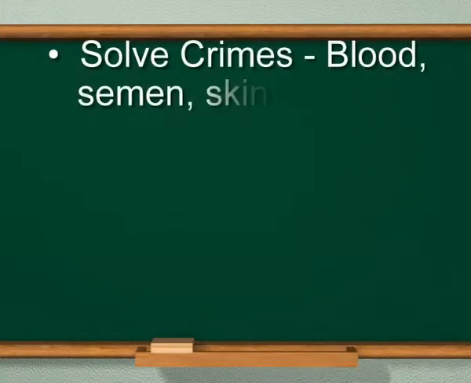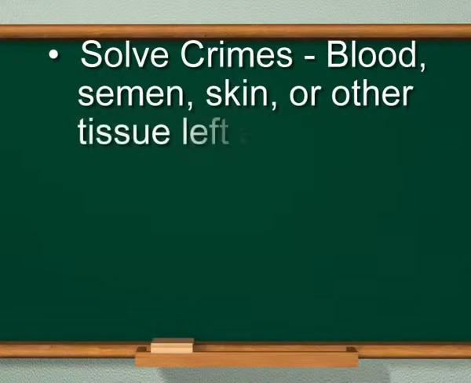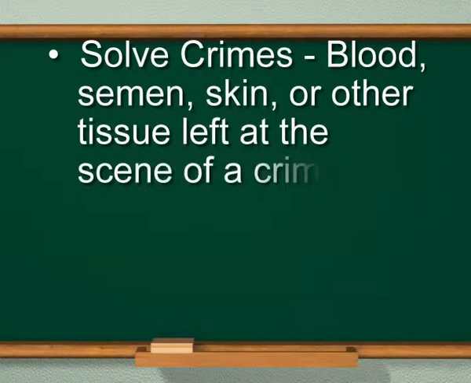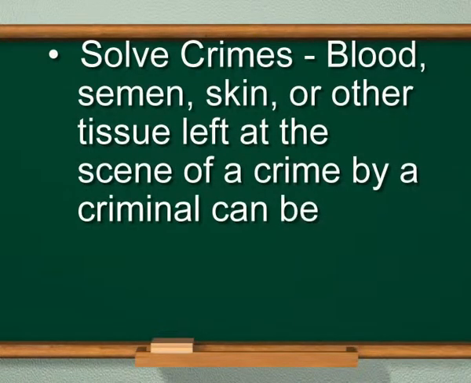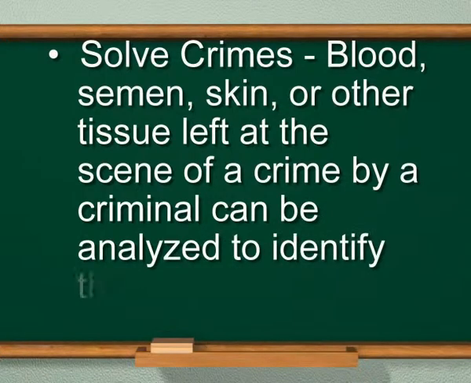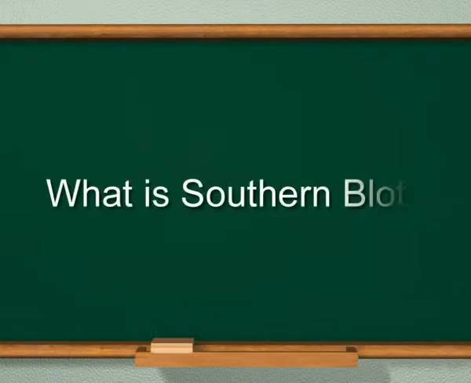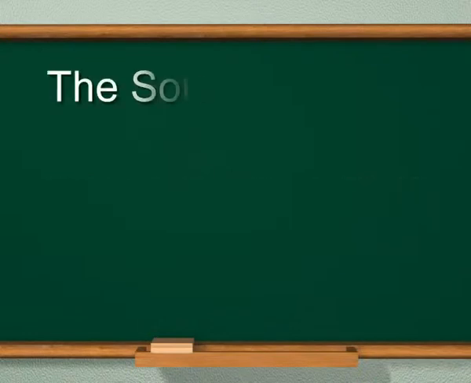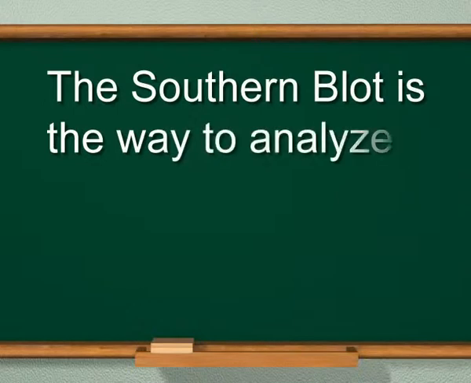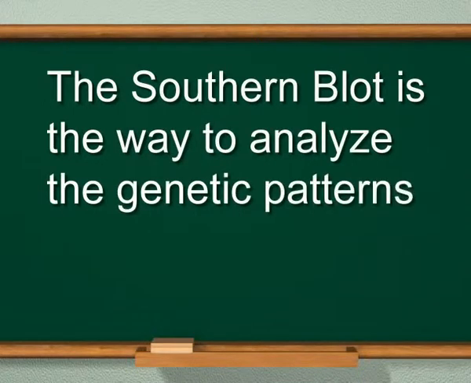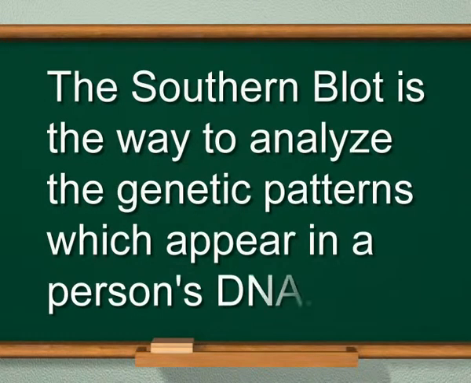Blood, semen, skin, or other tissue left at the scene of a crime by a criminal can be analyzed to identify the criminal among suspects. Here comes the next question. What is Southern blot? The answer is, the Southern blot is the way to analyze the genetic patterns which appear in a person's DNA.